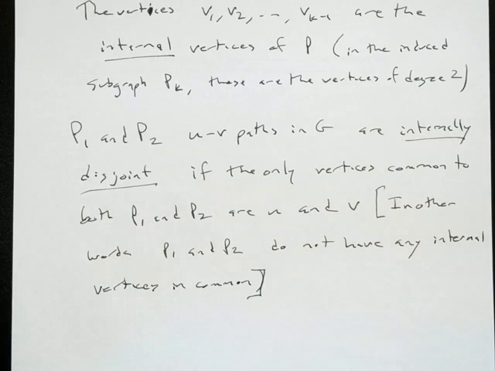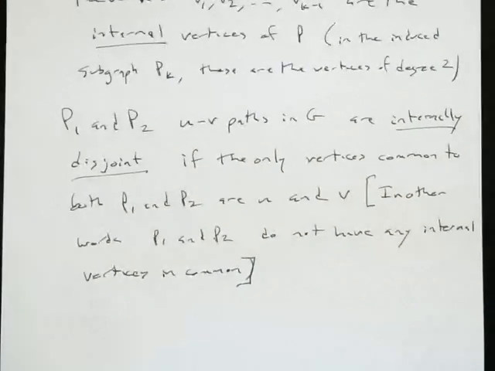Now, it may be that there's no way to do this. It may be that there is only one path from U to V. It may be that the paths all share something because there's a bridge somewhere along the way. It may be that there's a number of vertices in common and then it splits off into several different branches. But if there are internally disjoint paths, that's what I mean by it.